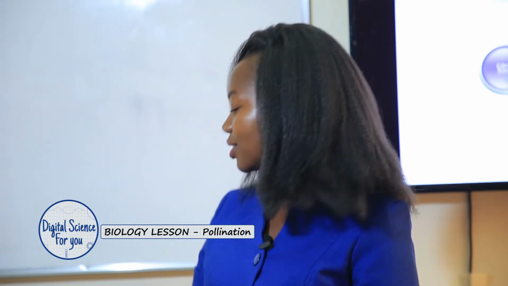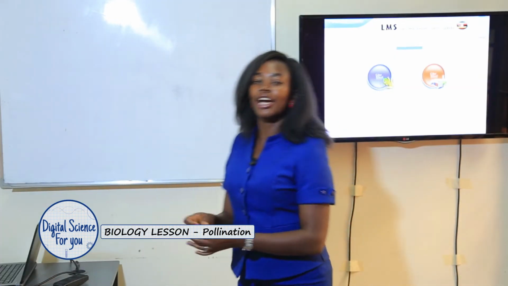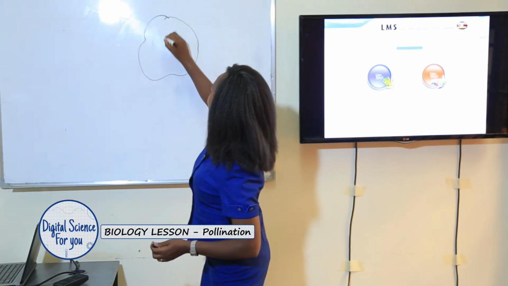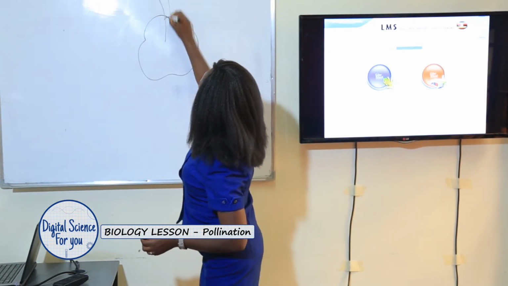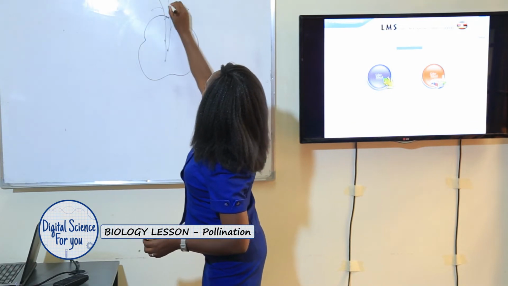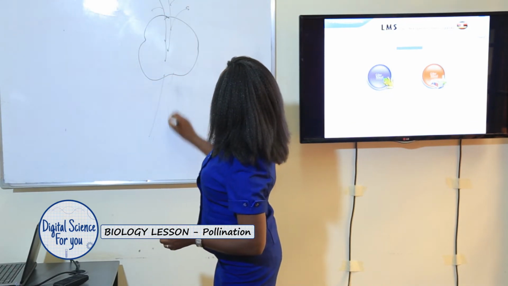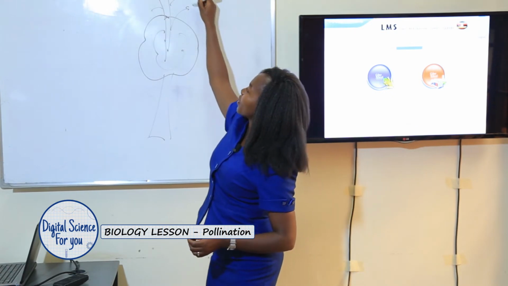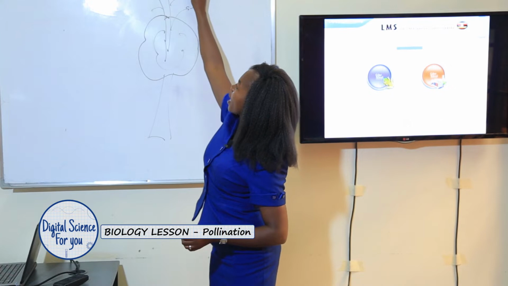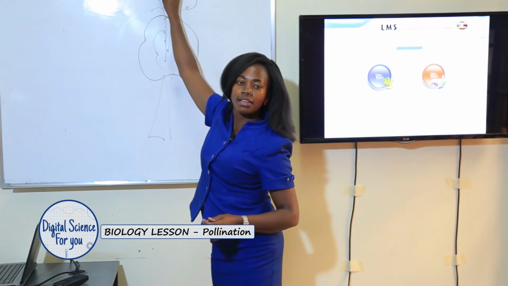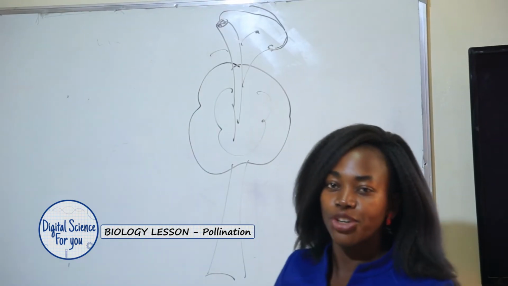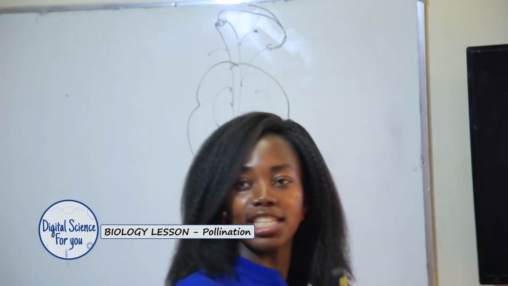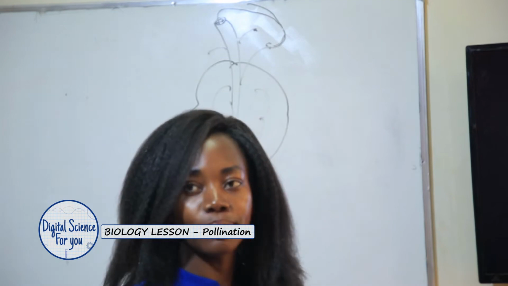Usually, your teachers draw diagrams on the board, something like this, to show the stigma and the anthers, that is a flower, and they show you that pollen grains are moving from the anthers to the stigma. Today, I'm going to show you a more interesting way of studying this using Digital Science and Virtual Lab.